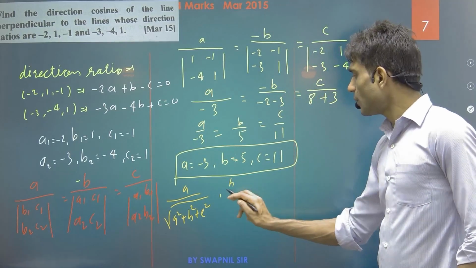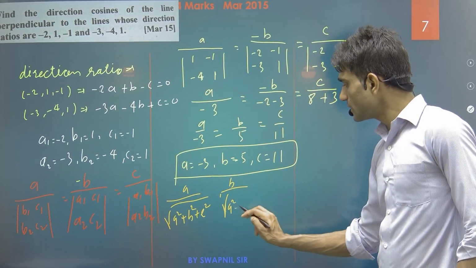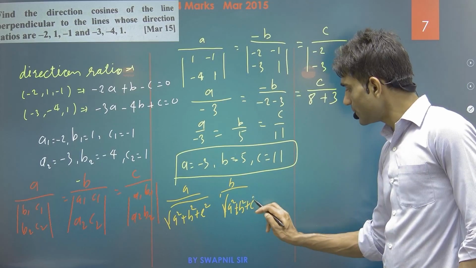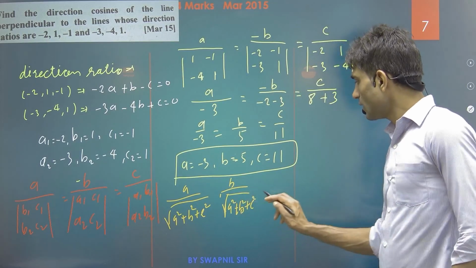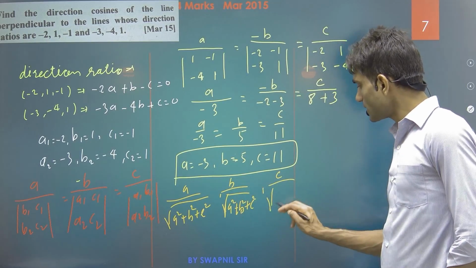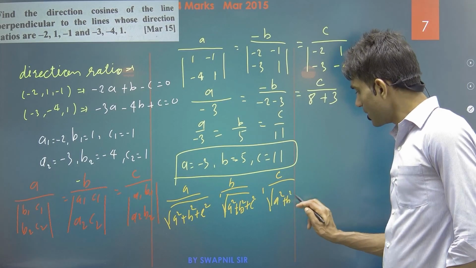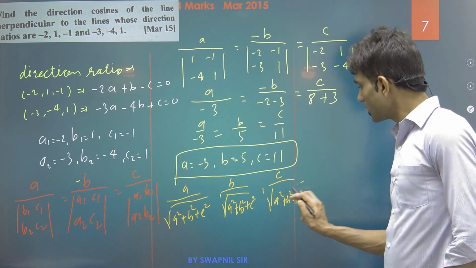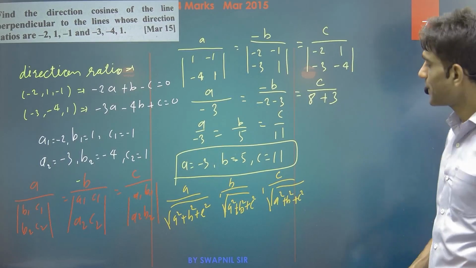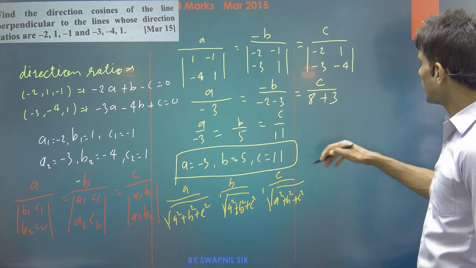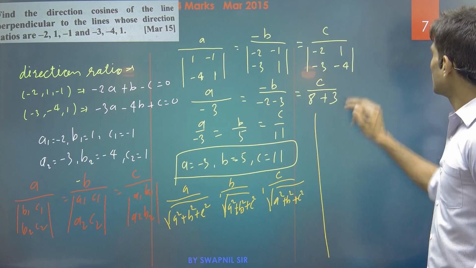Second, B upon the square root of A square plus B square plus C square, and C upon the same, which is the third direction cosine. Now substitute all these values and go for the calculations.